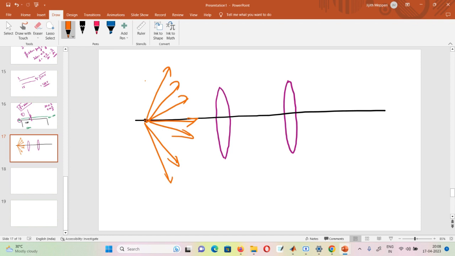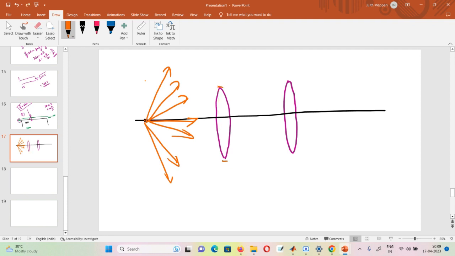Lens one. Yes, lens one. What is the property of that lens one? The lens's diameter will control the amount of light. If this lens has a bigger diameter, it will allow more.